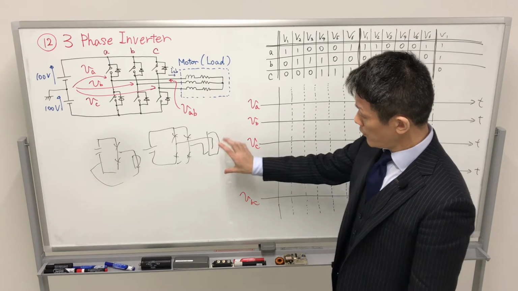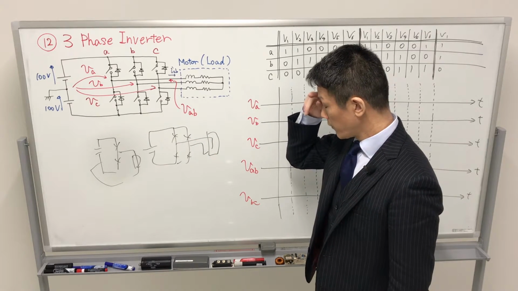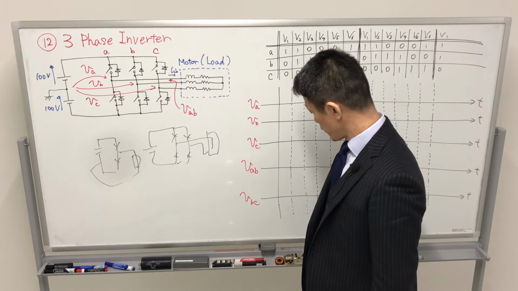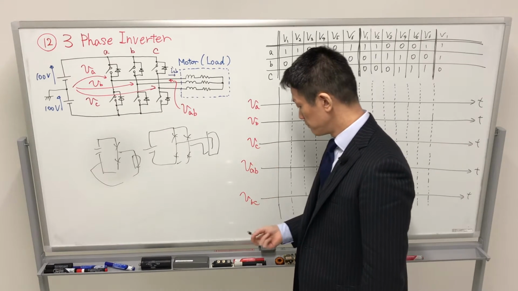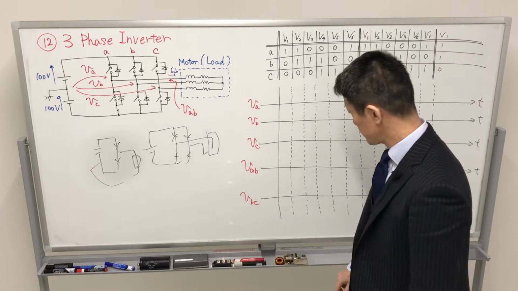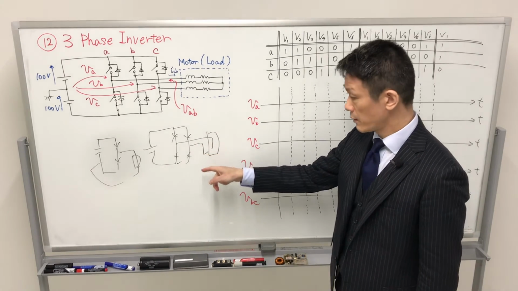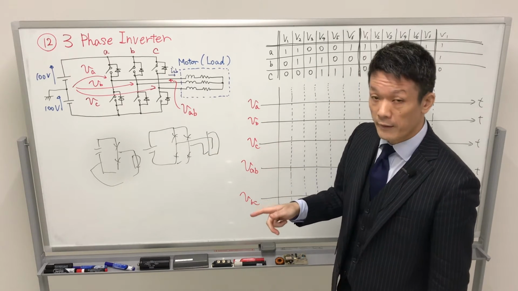However, using four power semiconductor devices, four devices, gives one-phase AC current.